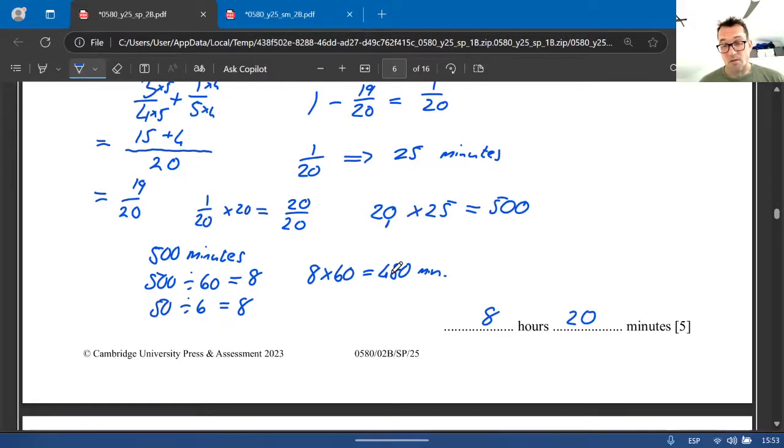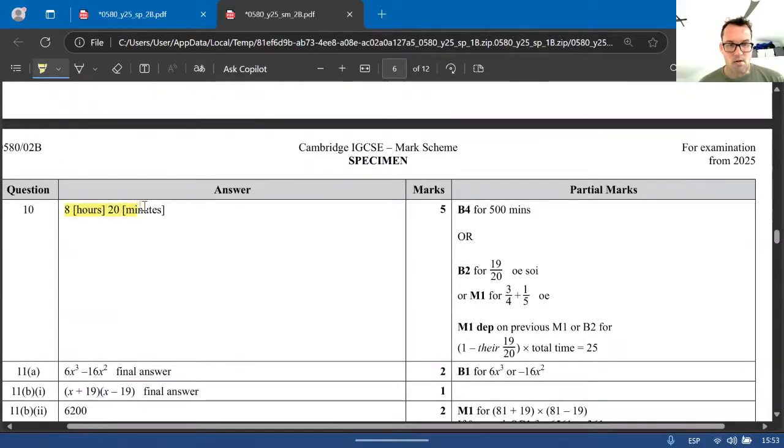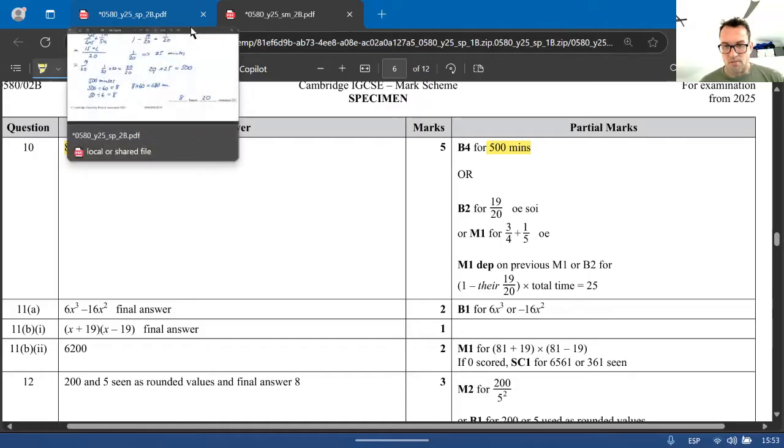Does that make sense? 8 times 60 is 480, but 500 is 20 minutes more. Yes. 8 hours, 20 minutes. You get 4 marks immediately if you write down 500 minutes. Okay, so this is how it goes. Let me show you. Okay.